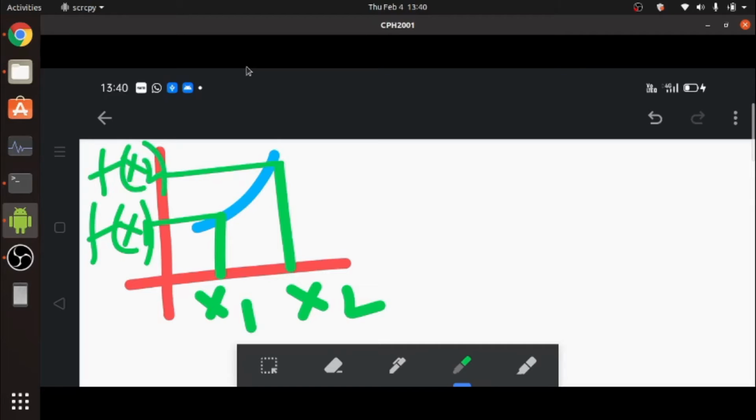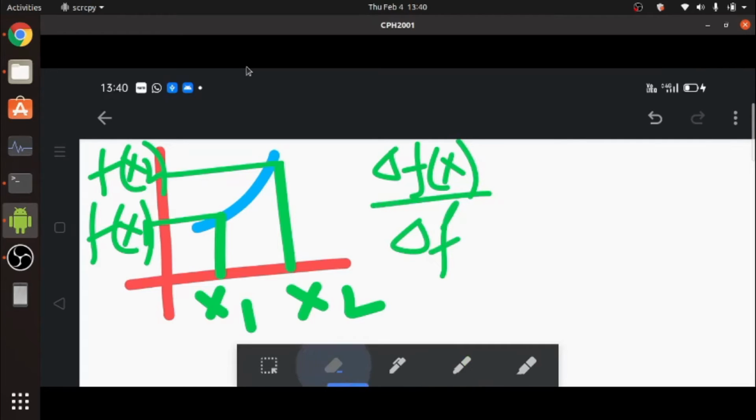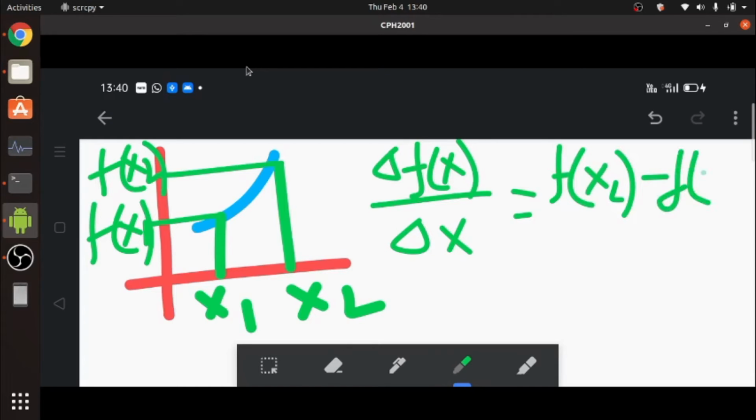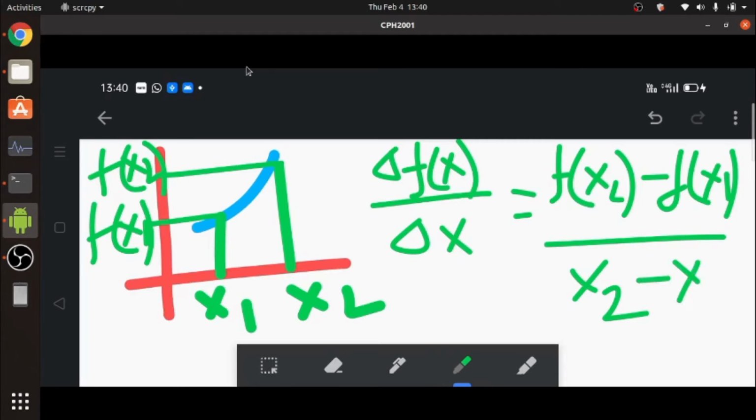Now what will be delta f(x) by delta x? This is the final value minus the initial value of f, divided by the final value of x minus the initial value of x.